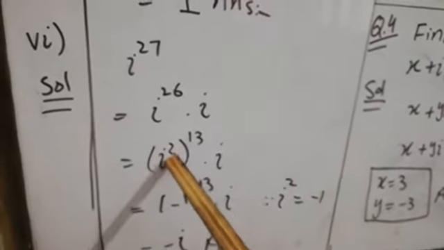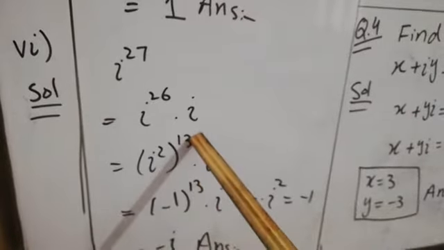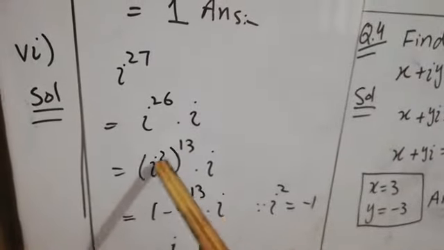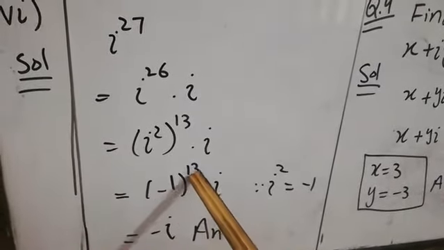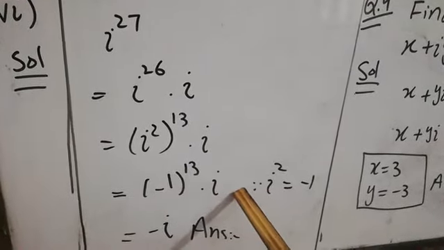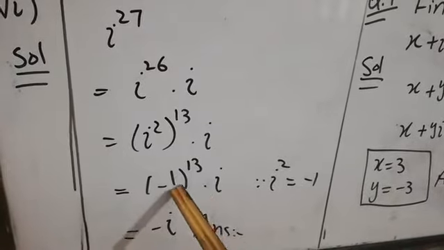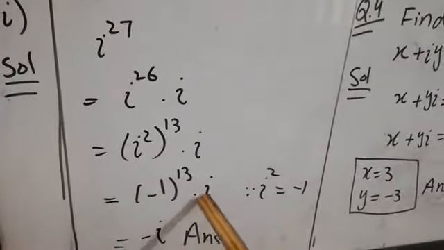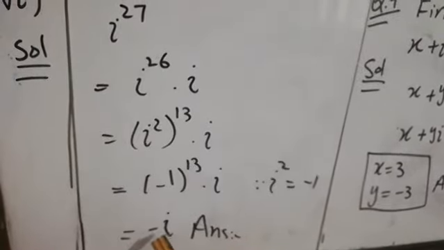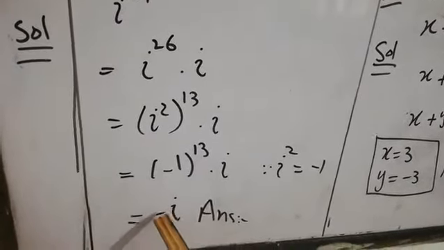It becomes iota square raised to power 13, since 2 thirteens are 26. Iota square is equal to minus 1 raised to power 13, and we will write the iota as it is. And then you know that the power is odd, so it will be minus 1. Minus 1 multiplied by iota means minus iota. This is the answer of this question.